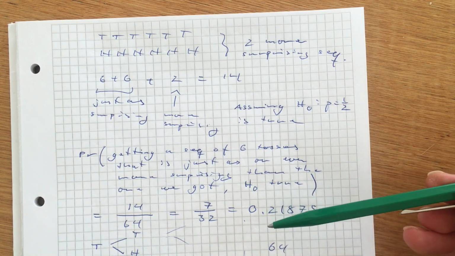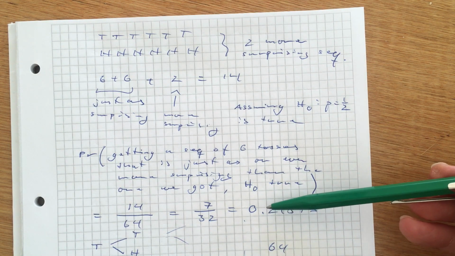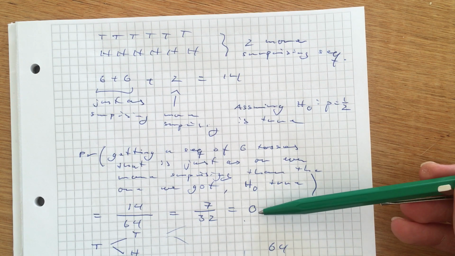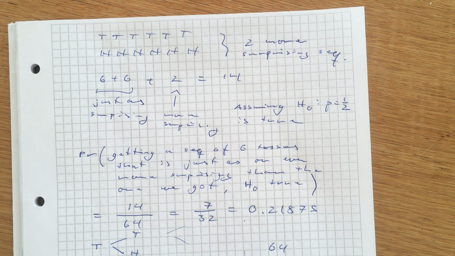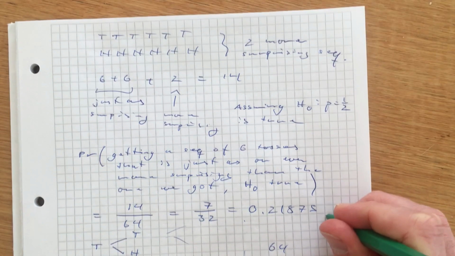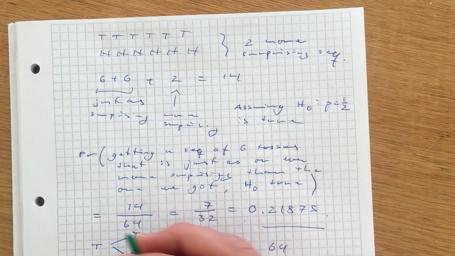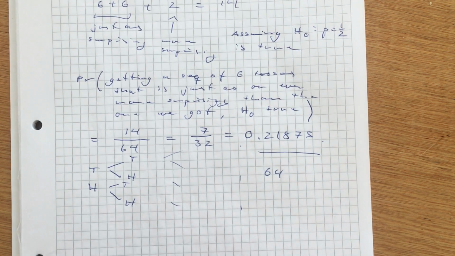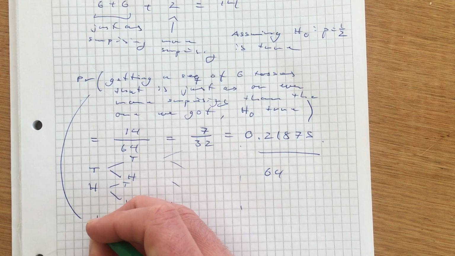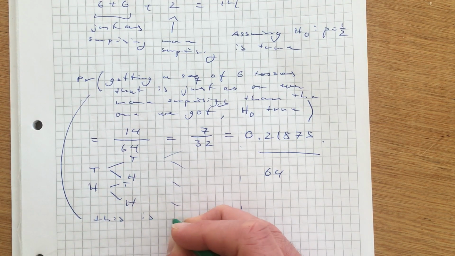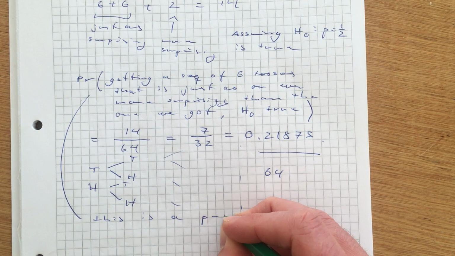Well, so this is then the probability we are going to use to say something about the null hypothesis of the coin being fair. And this probability is also what we refer to as a p-value.